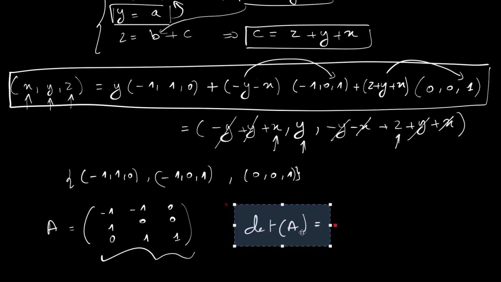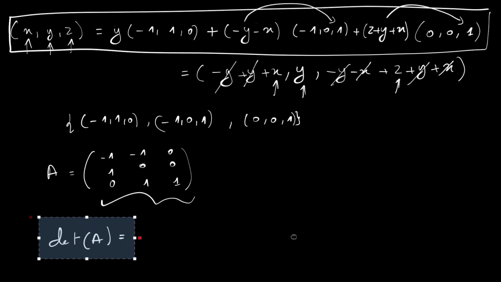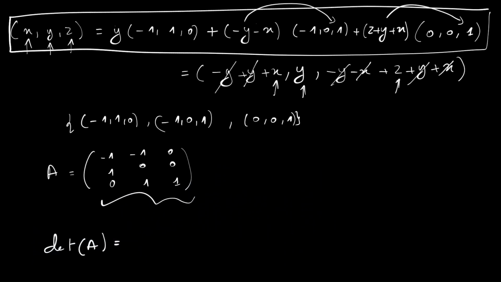We consider this as a little sneak peek into chapter 3 of our second semester. So to calculate the determinant, we choose first this element and we eliminate the first row and the first column. Then we have minus 1 times the determinant of the rest, which is this.